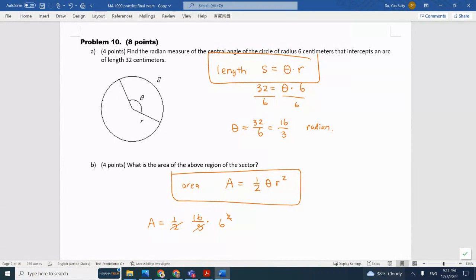That cancels one copy of the 6. We get 16 times 6, which is 96. Okay, so the area is 96, and the units will be centimeters squared. Okay, so that is the area. If you can understand problem 10, could you type 10 in the chat?